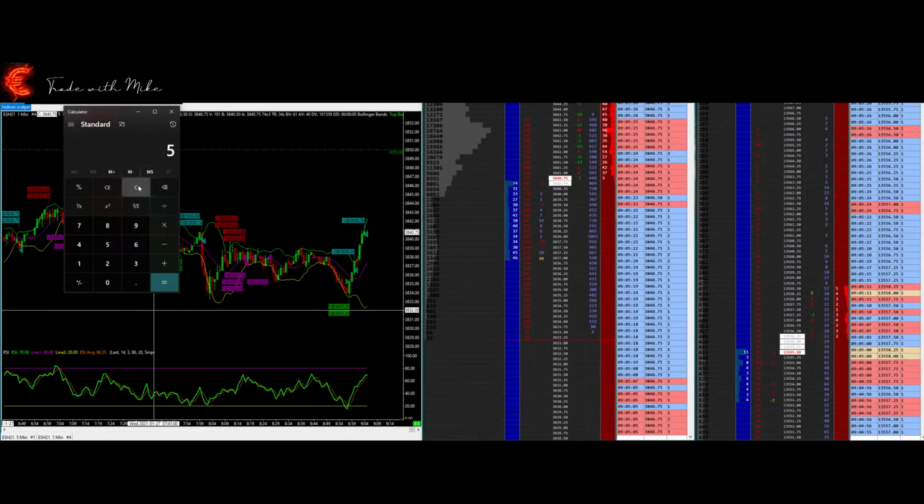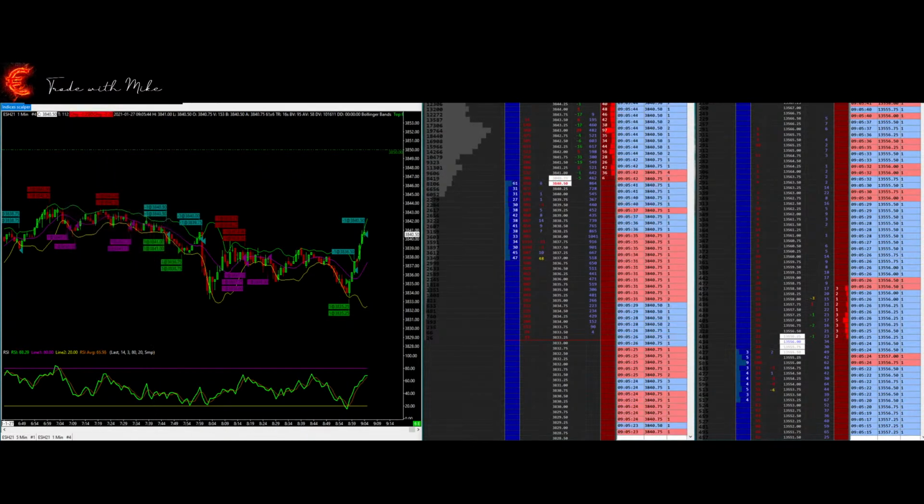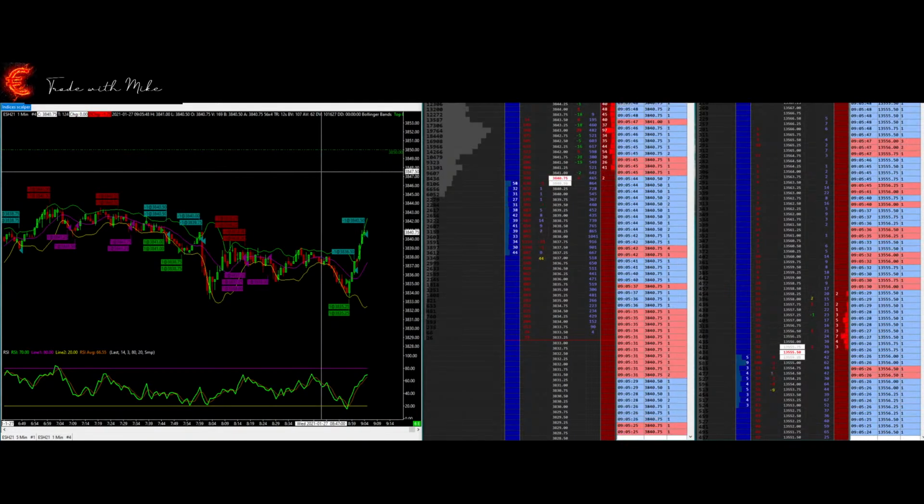Another was 5 ticks multiplied by 12.50 per tick, the 62.50 minus 3.80 for the commission, that's 58.70. Very nice trade, very nice trade. And it's all live, so you can see, yeah. That's how the cookie crumbles.